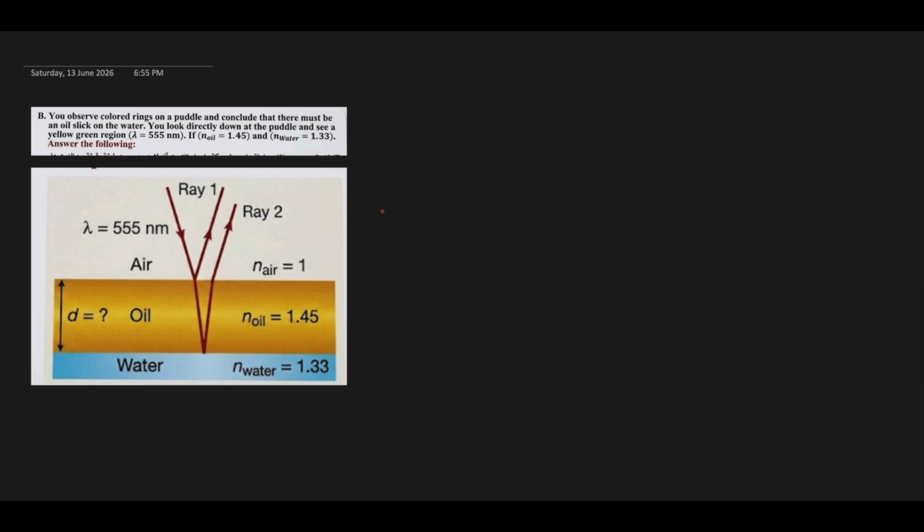This is important because based on that, we can conclude the equation that we are going to use. Now it is stated in the question that you observe colored rings, which means you see a bright region. You will not see a bright region if it was destructive interference, rather you will see it when you have constructive interference. So based on that, we know one phase shift, and we know it's constructive.